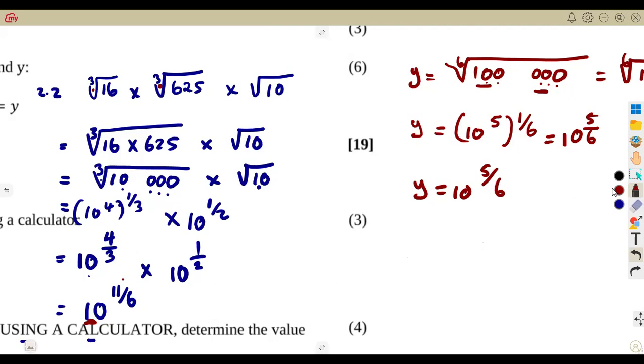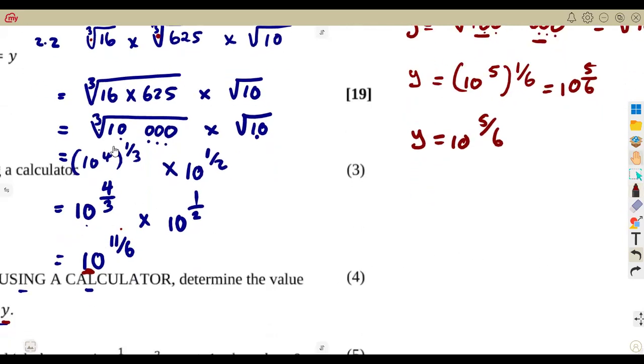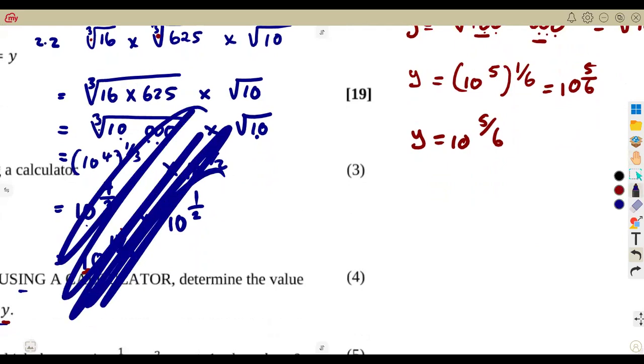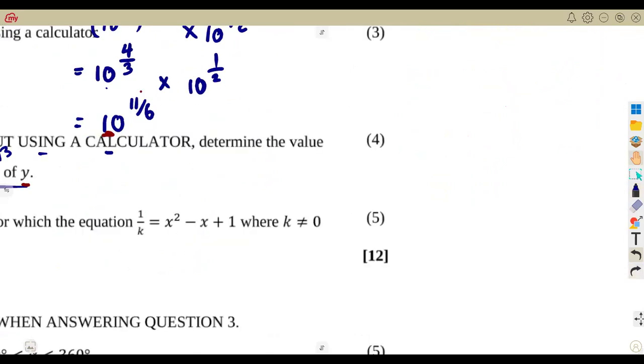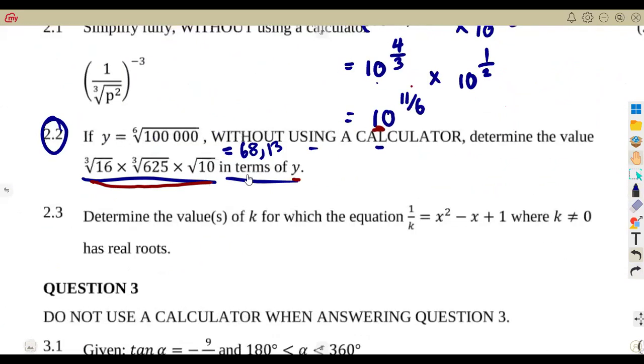Remember, as we want to rewrite this part here, this is the one that we want to rewrite. Remove this 10 to the exponent of whatever that is there and put something which is y. I don't know if it is going to be y to the exponent of what, or y times what. But we don't want to see numbers. We want to see it in terms of y. Y is supposed to be there in our answer.